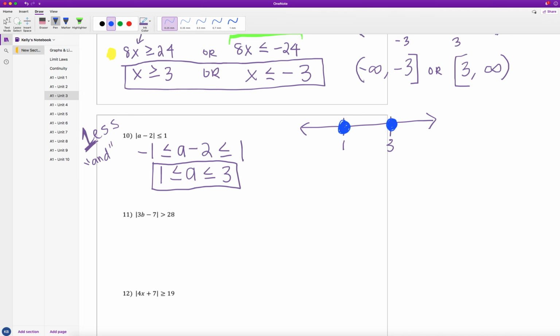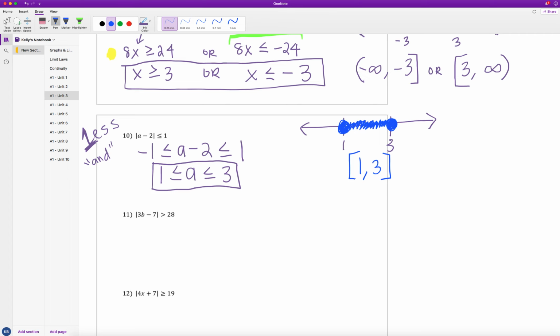And then to graph it, our solution set is what is bigger than 1 but less than 3, so it's everything in between. Remember, an and compound inequality gives me one section of it. To write this in interval notation, I want to go ahead and have 1, 3, and I'll have brackets on both parts since I have closed circles on both of those.